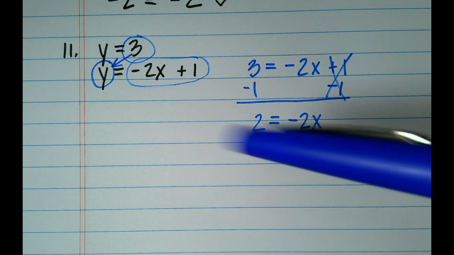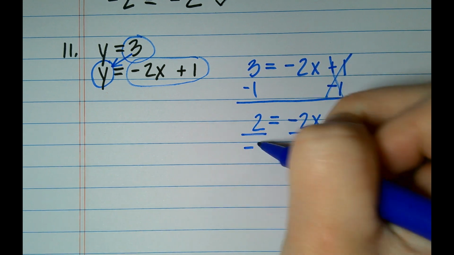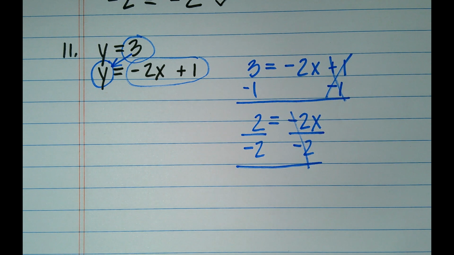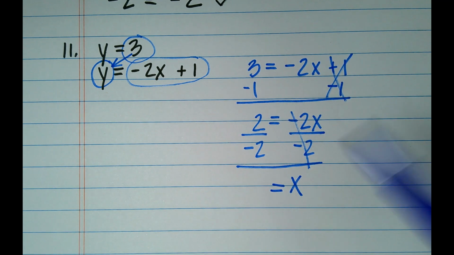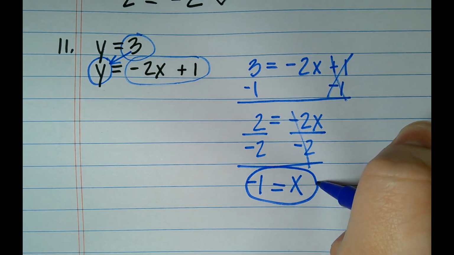And we divide by negative 2 on both sides. My negative 2's will cancel, giving me an x by itself. And what is our x value going to be? Negative 1. X equals negative 1.